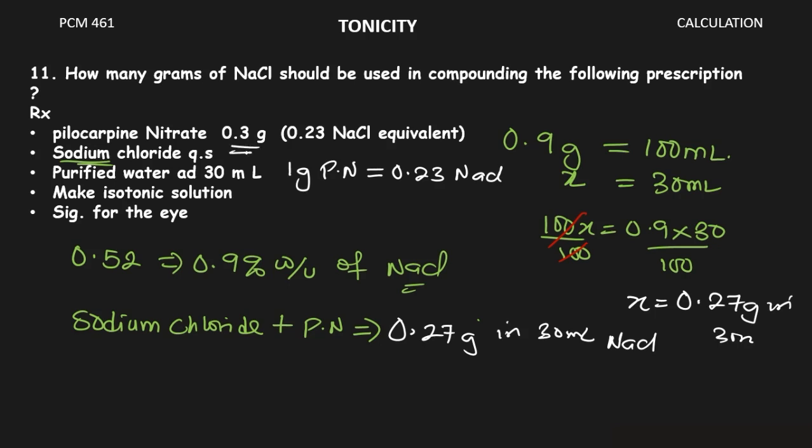What they gave you for pilocarpine nitrate is 0.3 gram. So you must convert this 0.3 gram of pilocarpine nitrate to sodium chloride. We know that 1 gram of pilocarpine nitrate is equal to 0.23 gram of sodium chloride. Do you get the concept? So if you already know this, it means our 0.3 now will be equal to what?